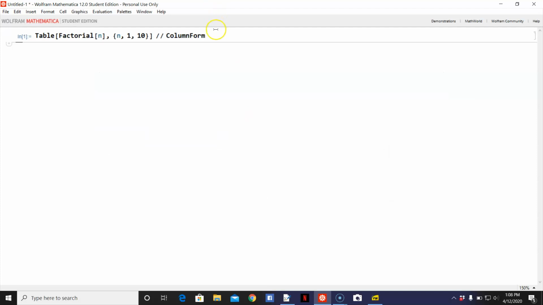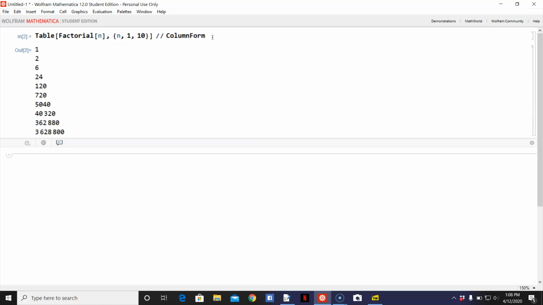To give you an idea, let's just look at the first 10 factorial numbers. So we get 1 factorial is 1, 2 factorial is 2, 3 factorial is 6, 24, 5 factorial is 120. By the time we double from 5 to 10 factorial, we go from 120 to 3.6 million.